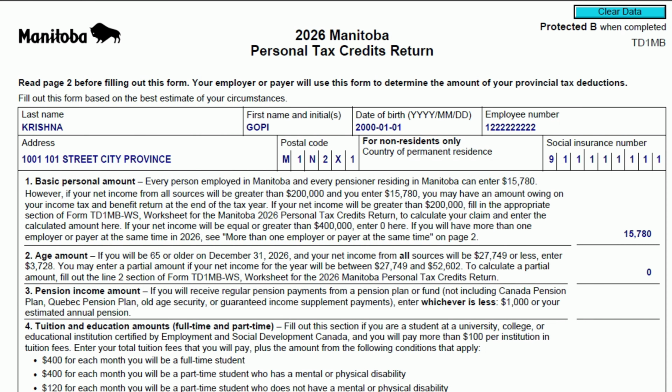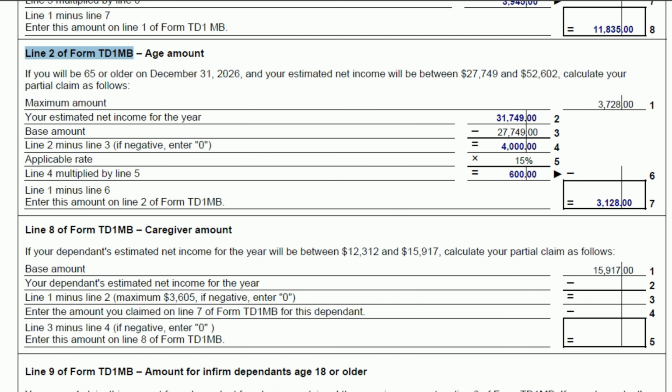So let's see the worksheet if your income is between this and this. On line 2 of the worksheet, here in the age amount, you see this maximum amount is given by default, and here the net income for the year is entered, that is 31,749 as an example, minus this base amount 27,749, which is again already given.